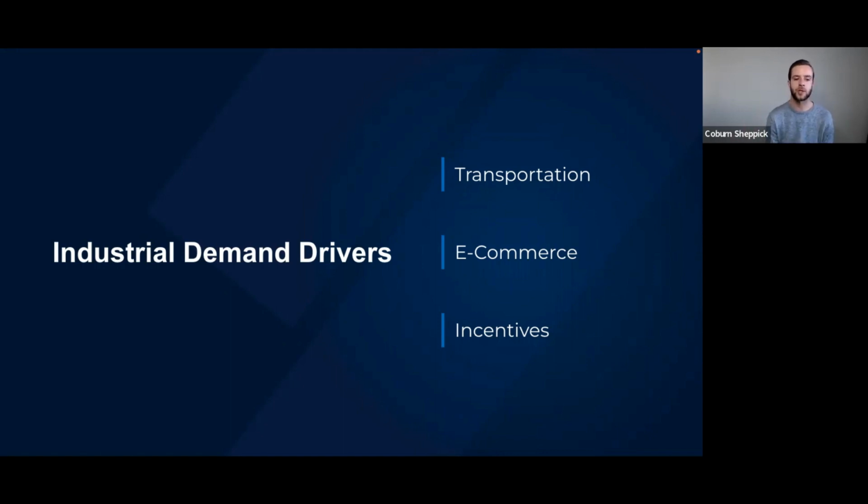And so I think we are already, but we'll start to see more flex space, more distribution space, not necessarily big, huge warehouses, but smaller distribution spaces within our immediate markets. The future of industrial is not necessarily big warehouses in the middle of the desert to transport goods.